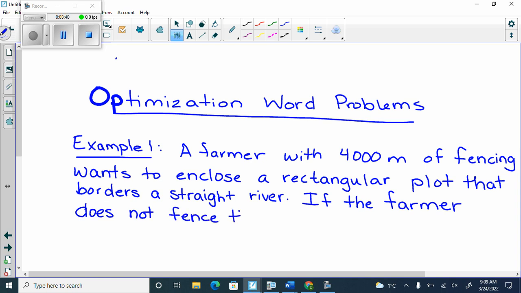If the farmer does not fence the side along the river, the one that we need for this particular question. It's an imaginary river. Okay.